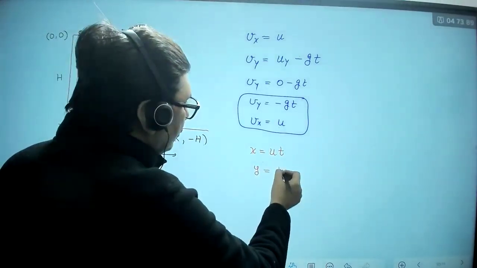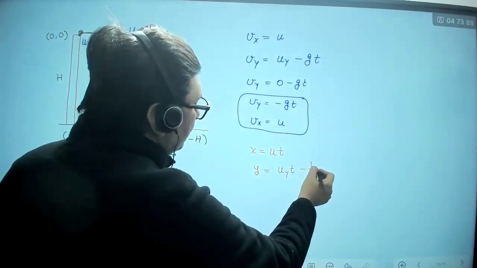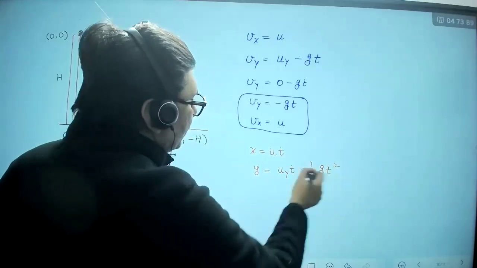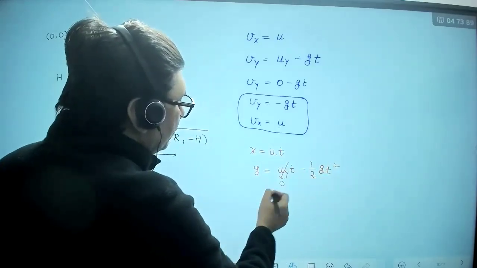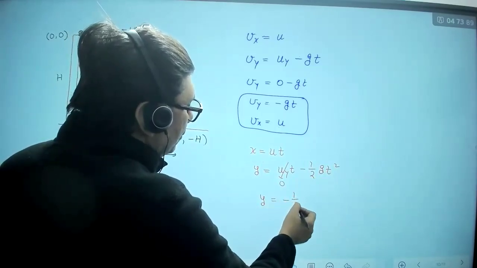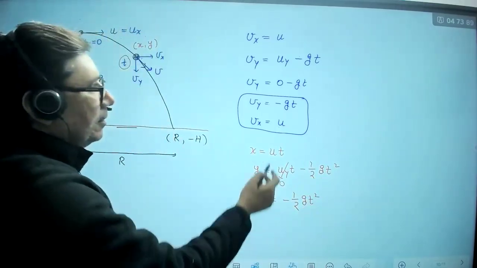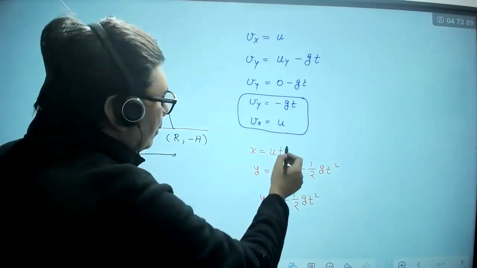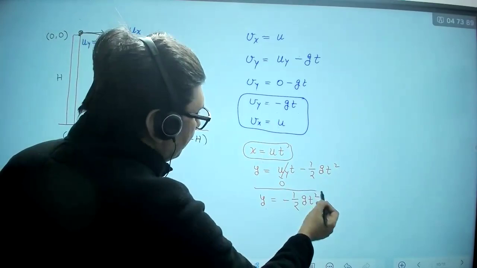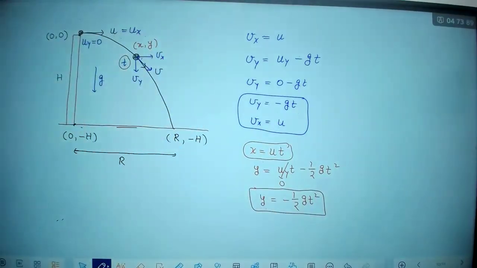This will be uy t minus 1 by 2 gt square. Uy is 0, so the y coordinate will be minus 1 by 2 gt square. If you differentiate this y, you are going to get minus gt. So these are the x and y coordinates in this case.